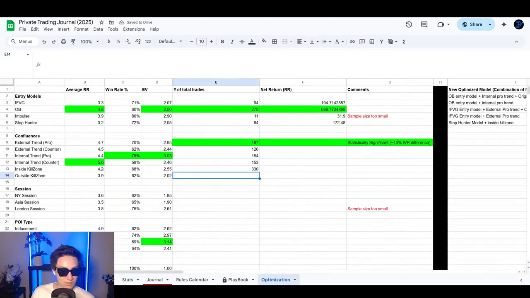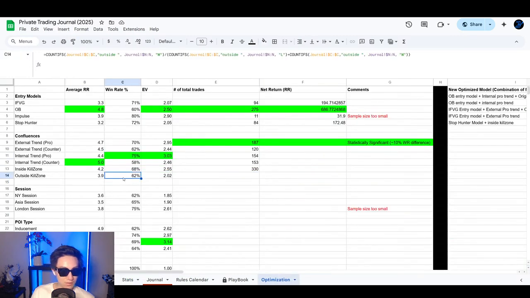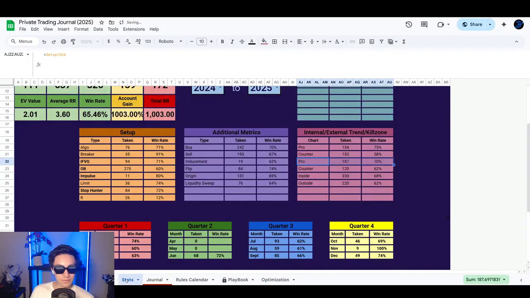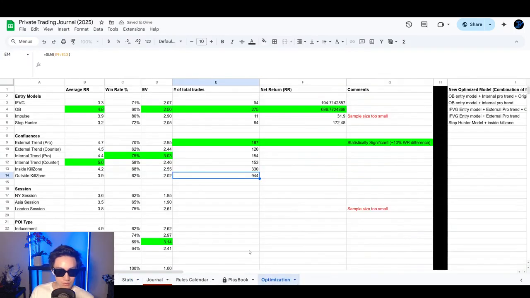Yes, it is. And outside we got $944, which is definitely wrong. So something's wrong with this formula. Oh, how did that turn into sum? That was weird. There you go, 220. Okay, all data is matching correctly.